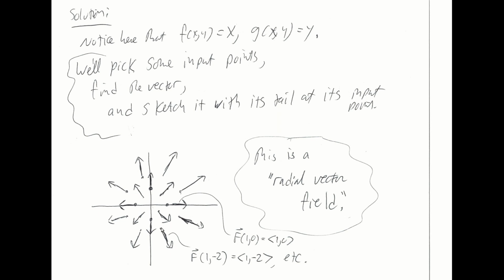Likewise, I might pick a point 1, negative 2 here in the plane, plug that into my equation for the vector field to get back 1, negative 2 as the vector, and so I sketch the vector 1, negative 2 with its tail resting at point 1, negative 2. Don't read too much into the fact that the input point is exactly the same as the vector which is output.